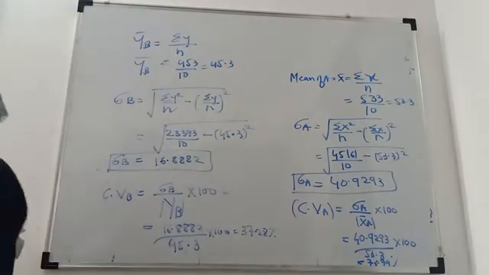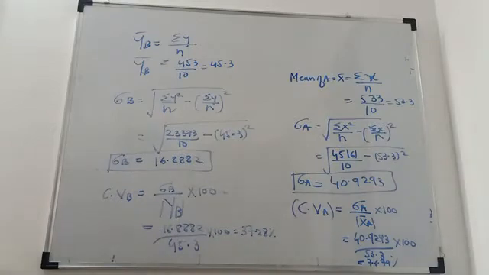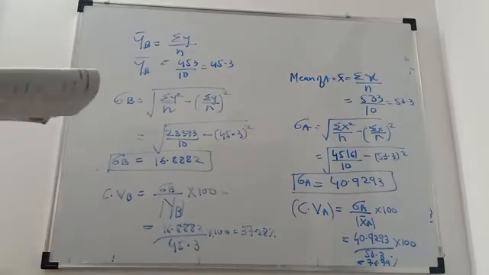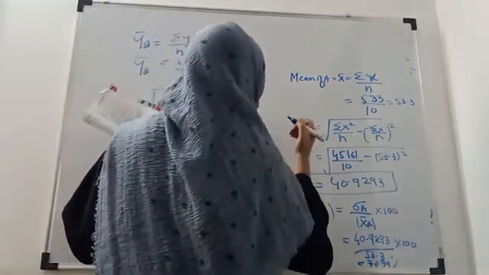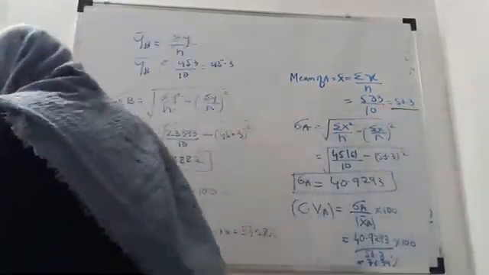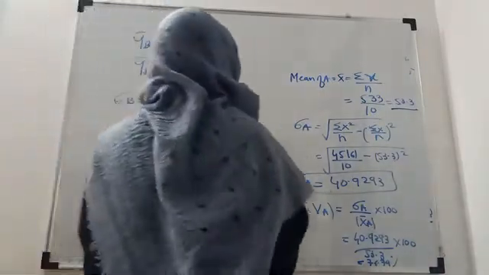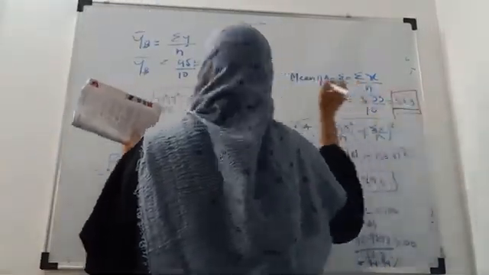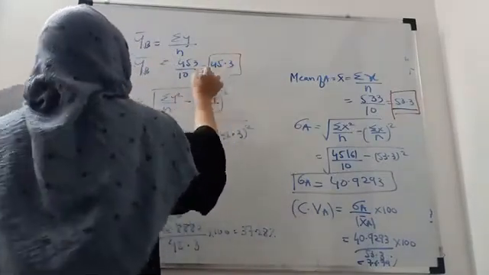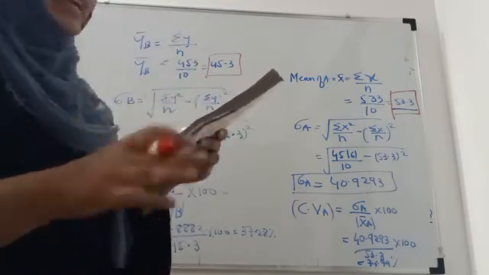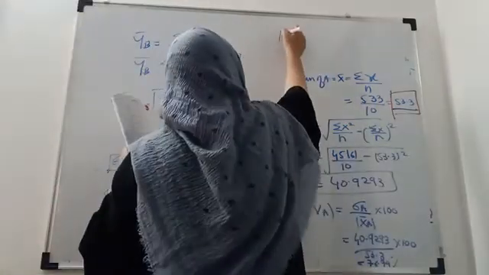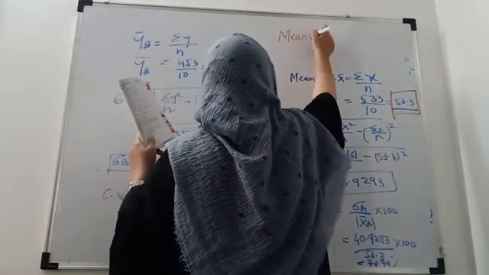Now you can see for the first question, the question was which cricketer is better in average. For that, where is the mean? This is the mean. The mean average for A is 53 and for B it is 45. So you can say A gives the better average, as for the average you have to see the bigger one.